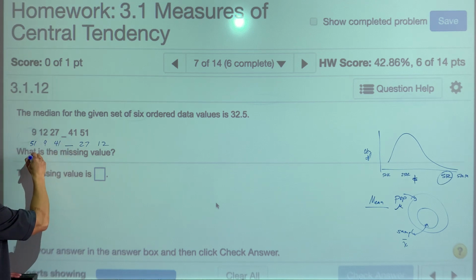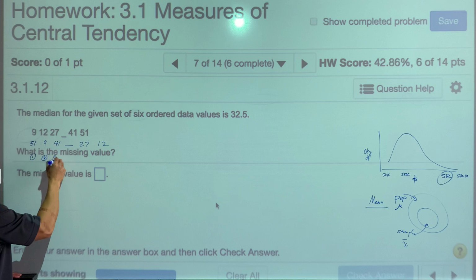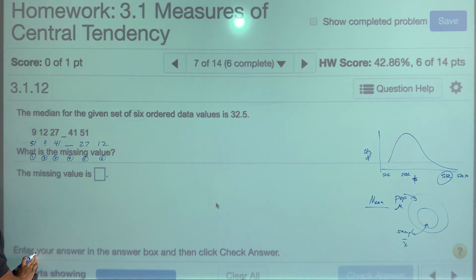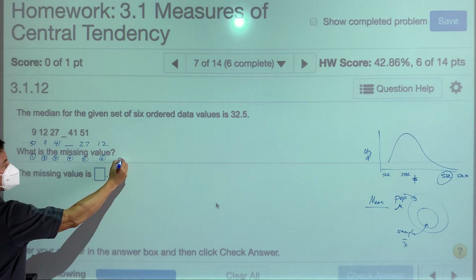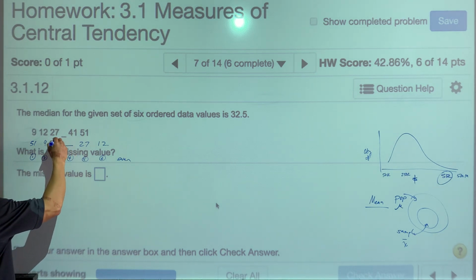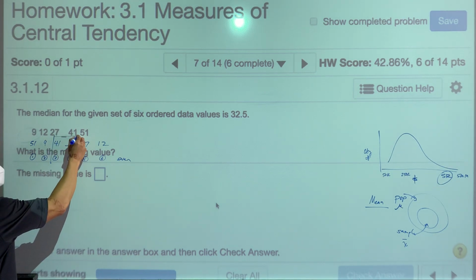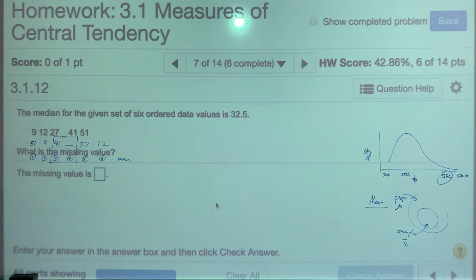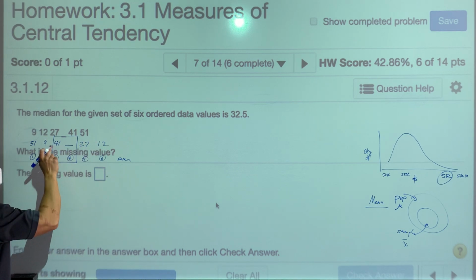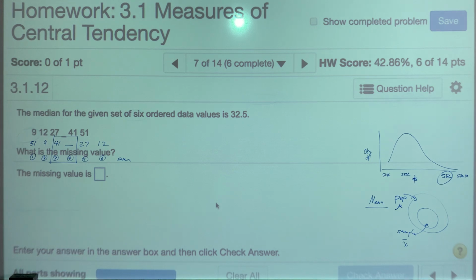Now, how many items are in this list? 2, 3, 4, 5, 6 items, right? When you have an even number of items, you're not going to have one that sits exactly in the middle. So it's going to be the average of the middle two. You guys follow me? You probably have done this before. If there was an odd number, meaning let's say the 12 was not here, then it would be the 41 or whatever's in the exact middle.